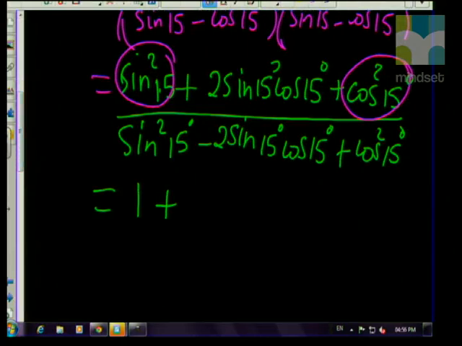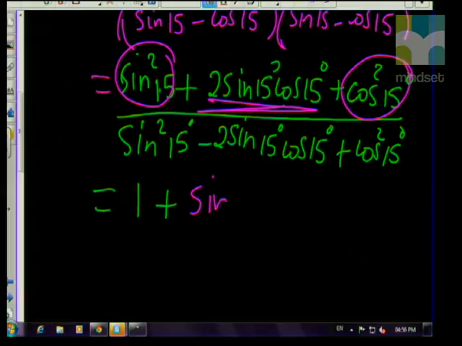Plus, now, this looks familiar to you guys. You've got 2 sine 15 cos 15. And that's why we're saying you must remember your identity. This is from your double angle identity. So you've got sine 2x gives us 2 sine x cos x. So now this is your sine of 2 times x, and the x in this case is 15.